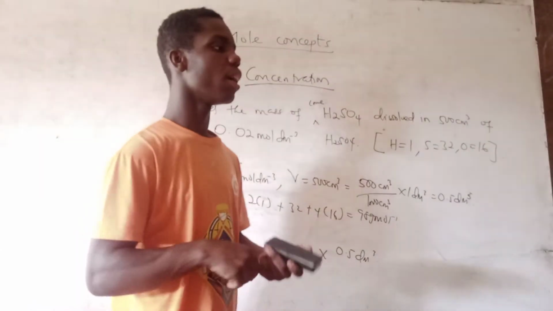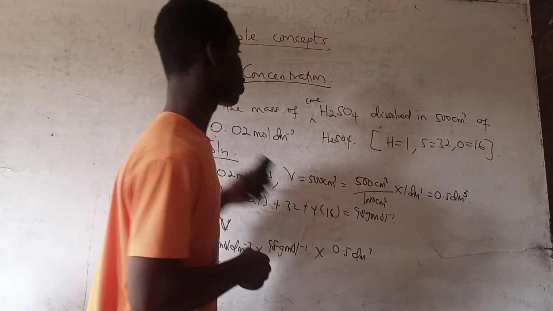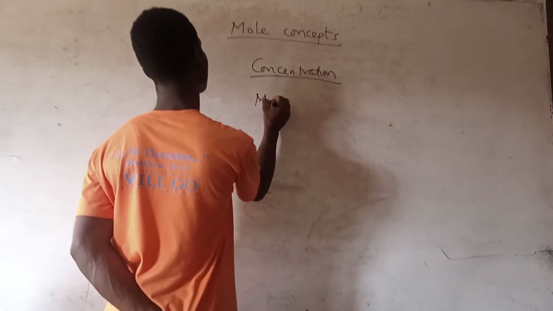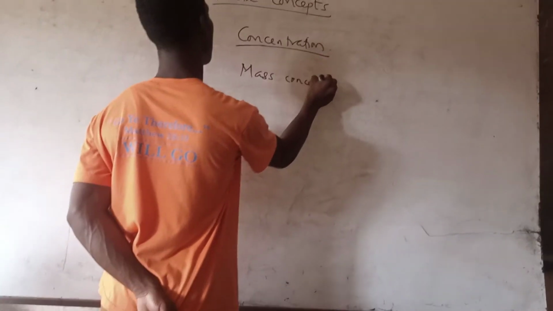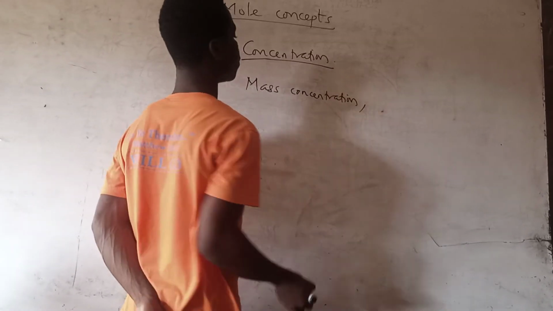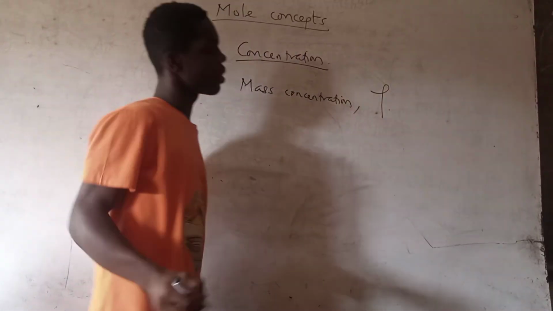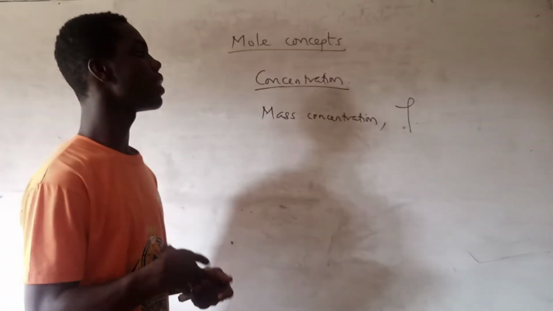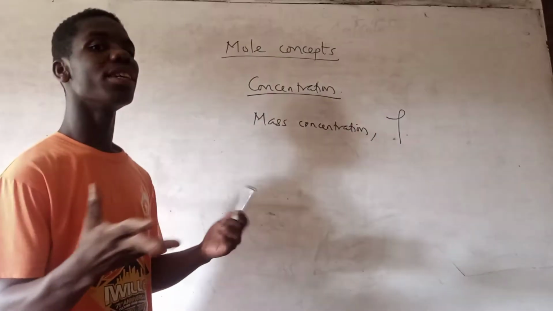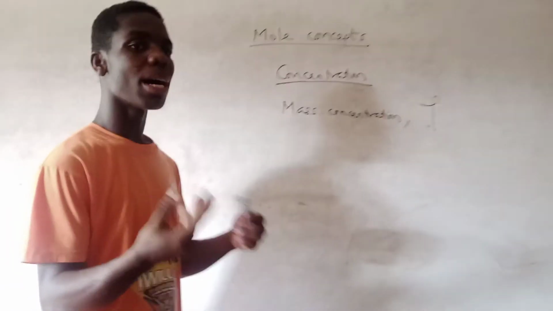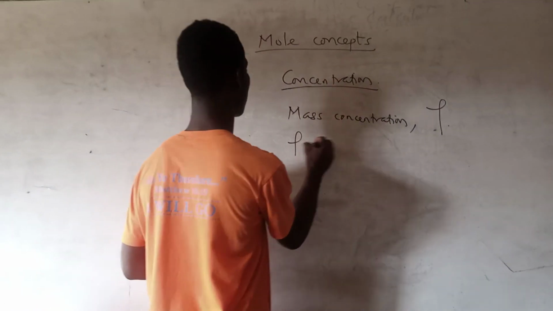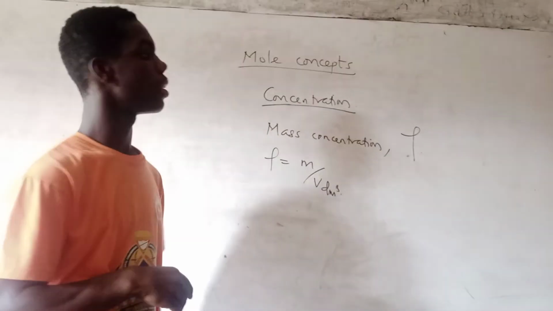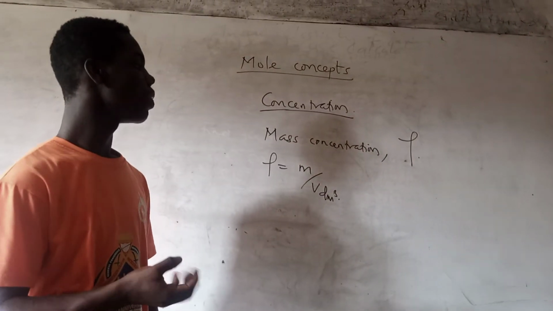Let's get to a different concentration. The other concentration is mass concentration, and it is represented by rho, where rho is density. So mass concentration is sometimes called density, and we know the formula for finding density. Density is mass over volume. So rho is equal to mass over volume, and the volume should be in dm cube.